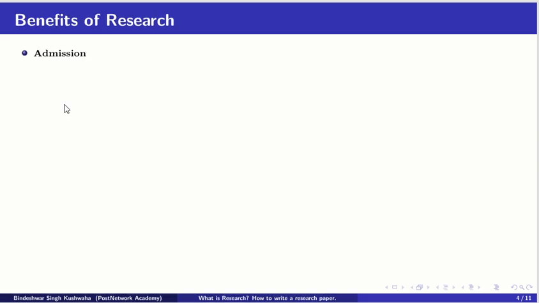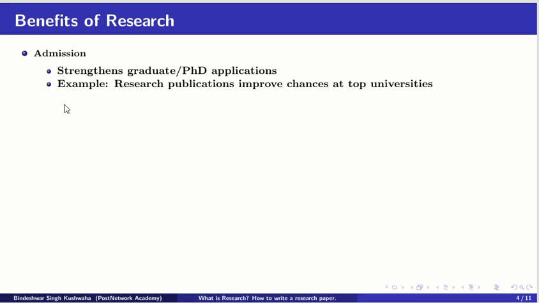What are the benefits of research? Admission: it strengthens graduate and PhD applications. For example, research publications improve chances at top universities like MIT, Harvard, Stanford, Cambridge, Oxford. You can be there if you publish research papers.